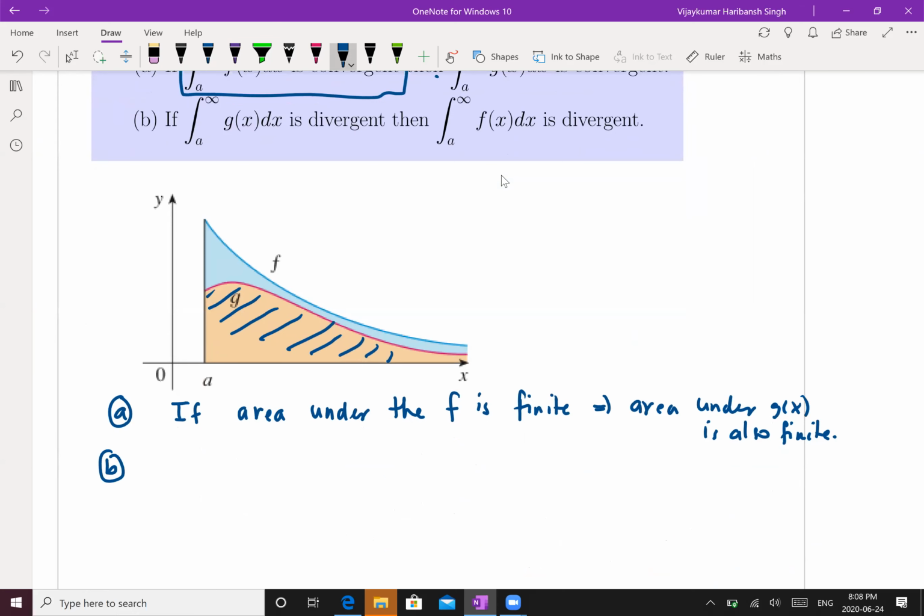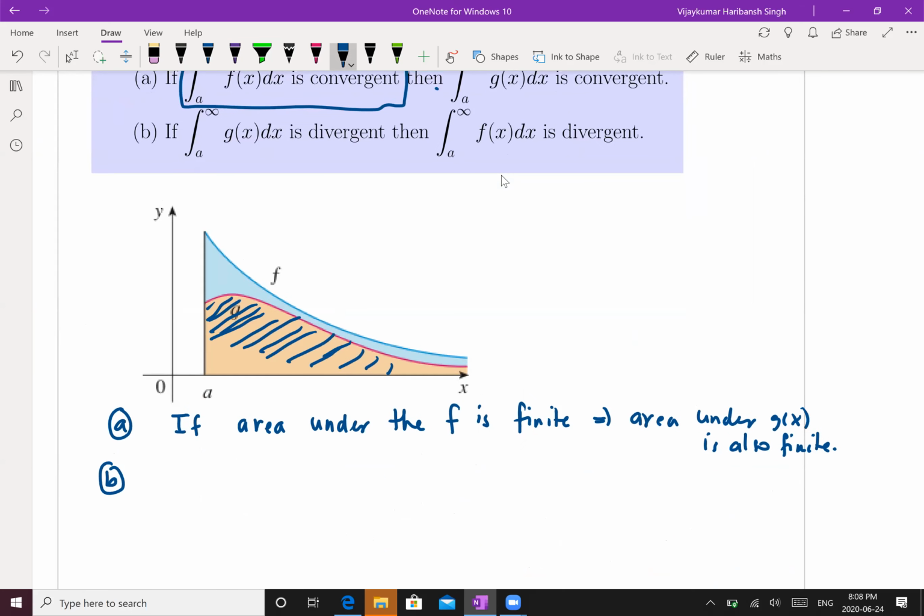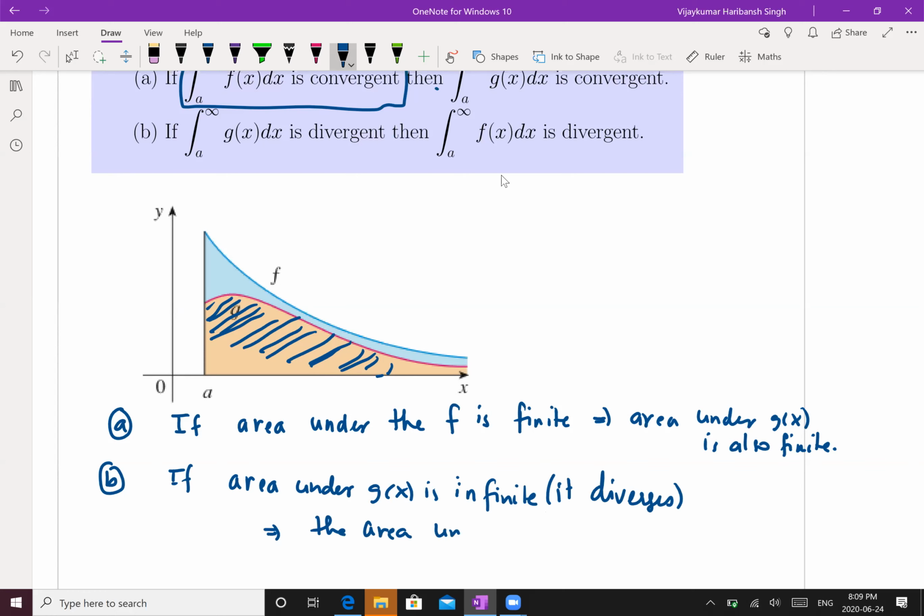B, if the area below g is infinite, the area under f is going to be already infinite. So it means, if the area under g of x is infinite, that is, it diverges, this implies the area under f of x is also infinite, right?